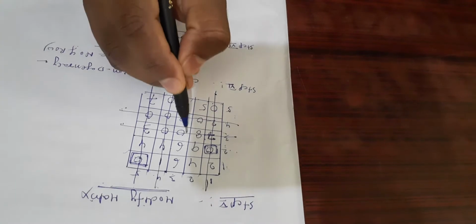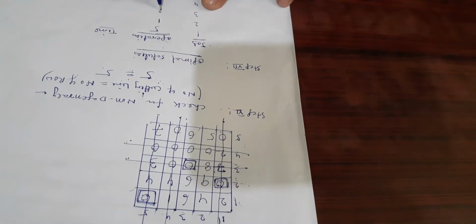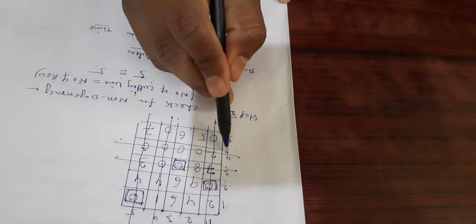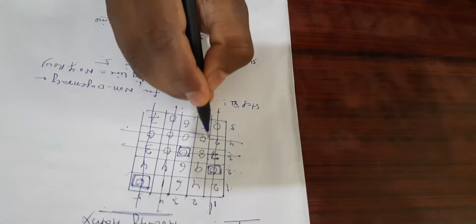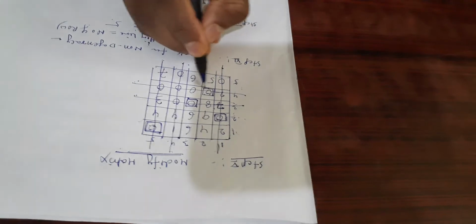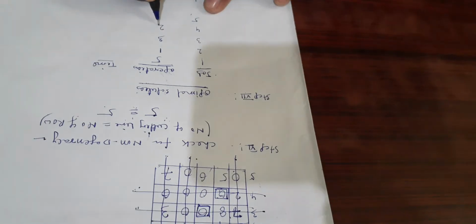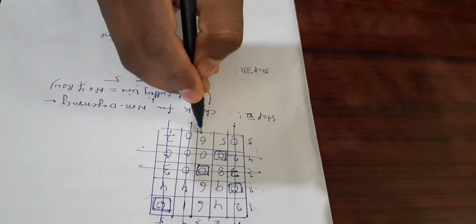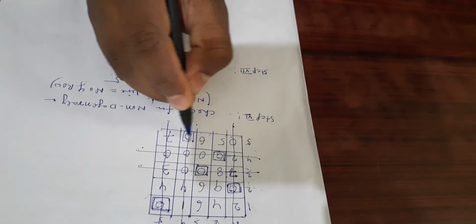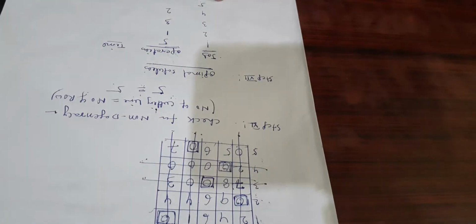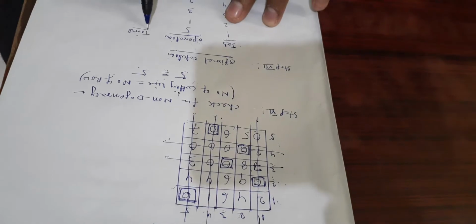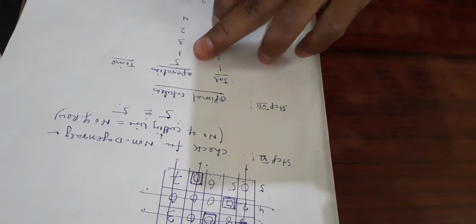Third, this 0 is operation 3. Fourth, this 0 means operation 2. And fifth, this one is operation 4.